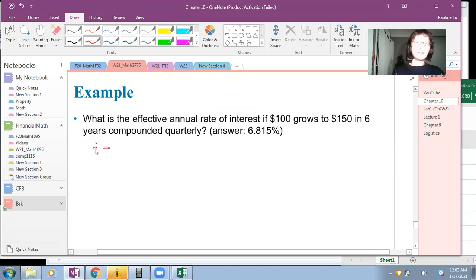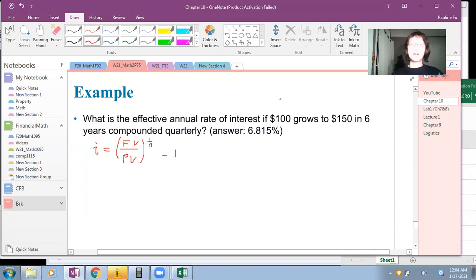So I equals FV, future value, over PV, and then raised to the power 1 over n, minus 1. So this is the formula.